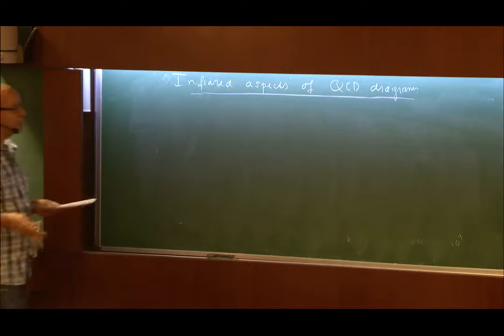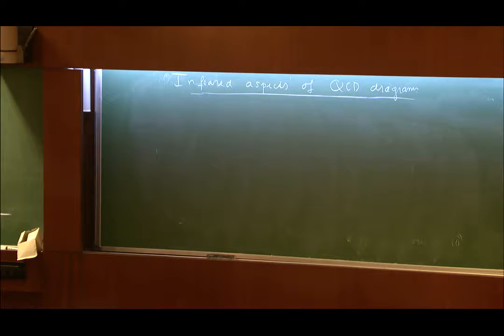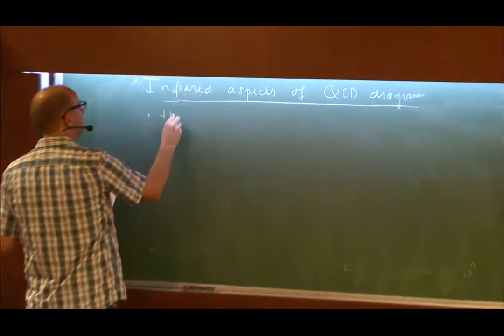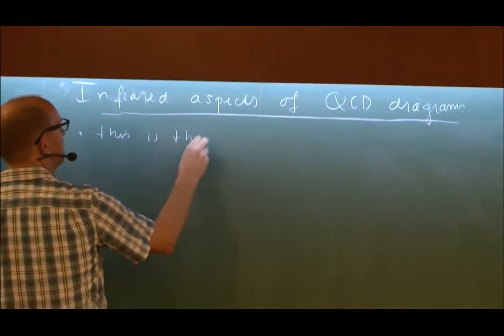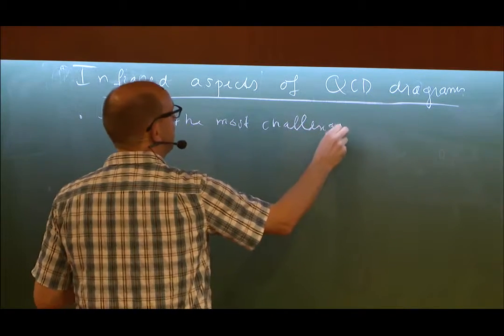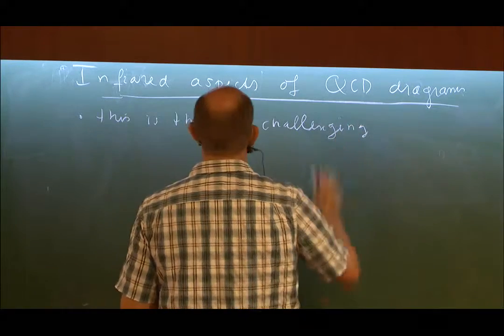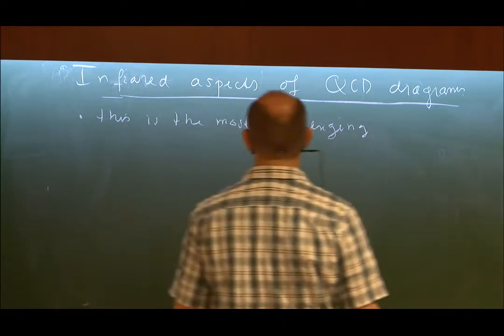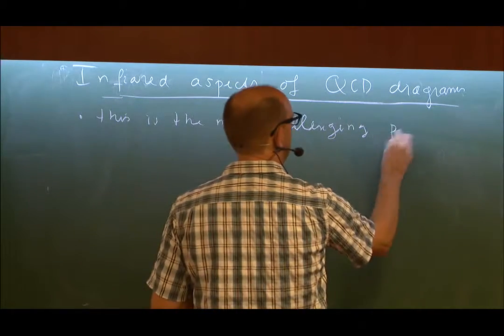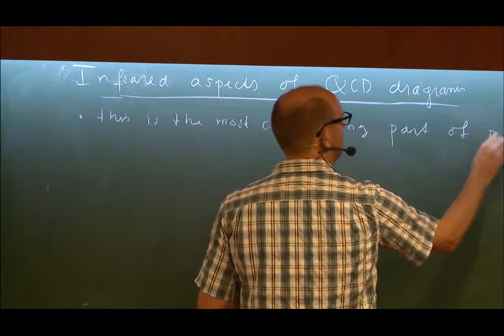But if you use perturbation theory, you use Feynman diagrams, not only will they have UV divergences, some will have infrared divergences, and that I'd like to go to now. This is the most challenging part of QCD. But as we saw before, challenges often lead to new insights, new tools, and ways of knowing something about higher orders that you didn't know before. The most challenging part of perturbative QCD.